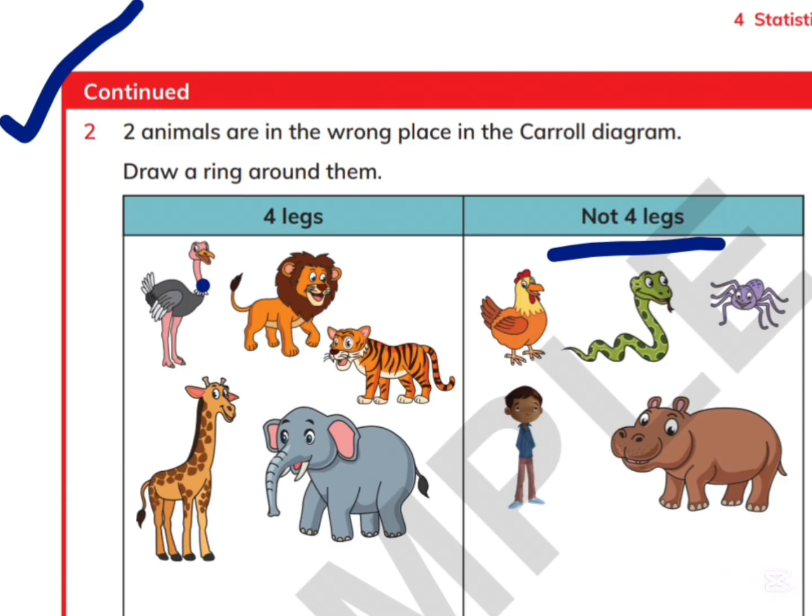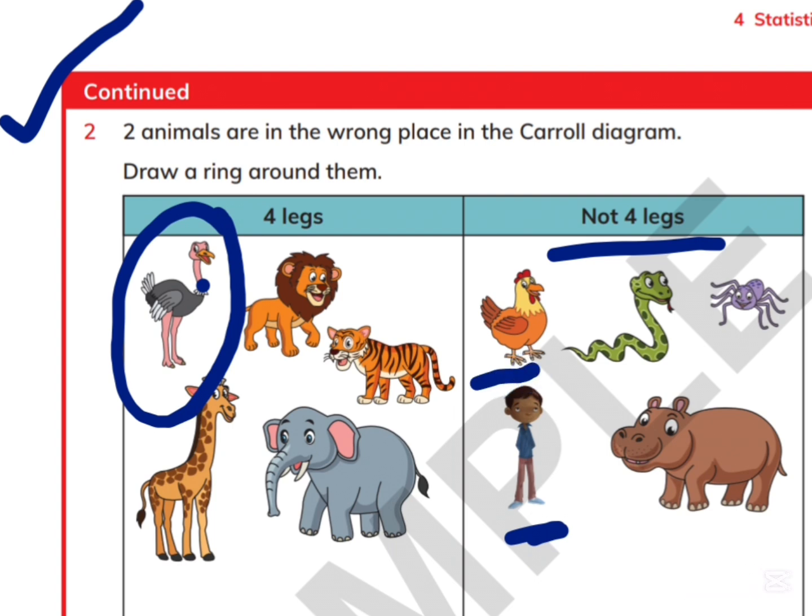Lion has 4 legs. Tiger has 4 legs, giraffe has 4 legs, elephant has 4 legs, but this one doesn't have 4 legs. We have to draw a ring around it. No 4 legs means it has 2 legs. It doesn't have 4 legs. It has 2 legs.